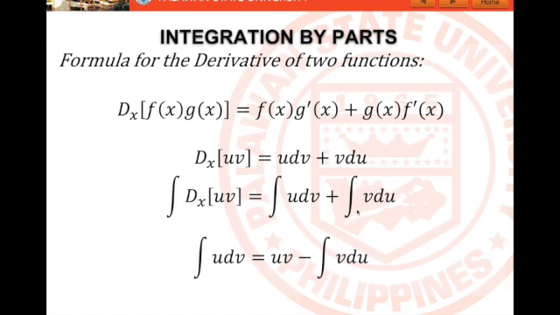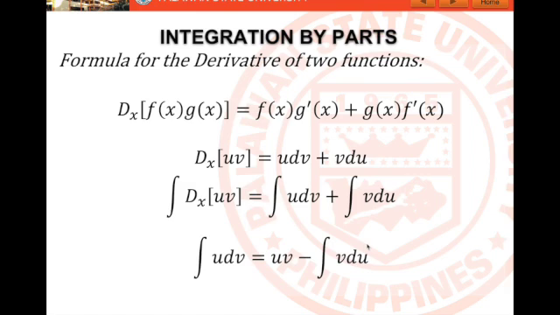If we rearrange it and take u dv alone on the left side, and take v du on the other side, we will have this formula: the integral of u dv equals uv minus the integral of v du.